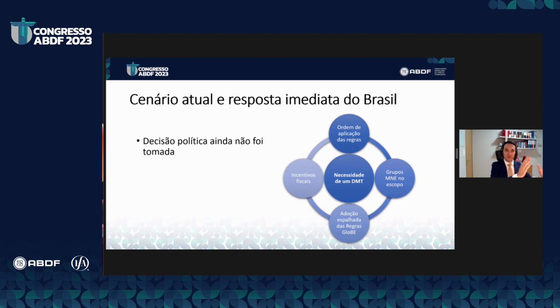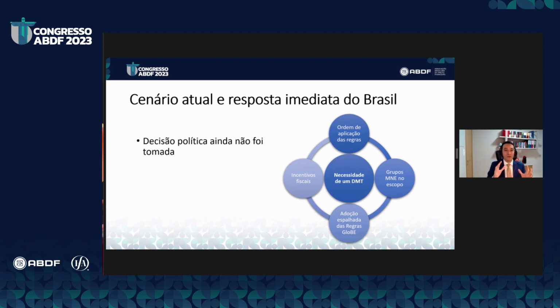Quando nós olhamos para o nosso catálogo de incentivos fiscais e toda essa realidade que eu desenhei aqui, a pergunta mais relevante é: quando o Brasil irá implementar? Porque eu tenho top-up tax, e se eu não exerço a minha prioridade, alguma outra jurisdição recolherá esse tributo. Portanto, a conclusão mais fácil de se chegar, obviamente, é que nós necessitamos de um Domestic Minimum Tax.